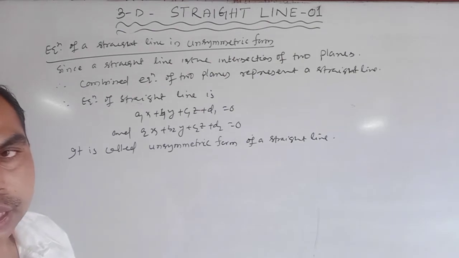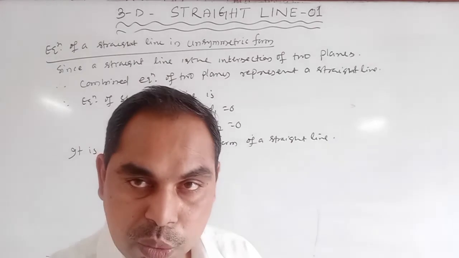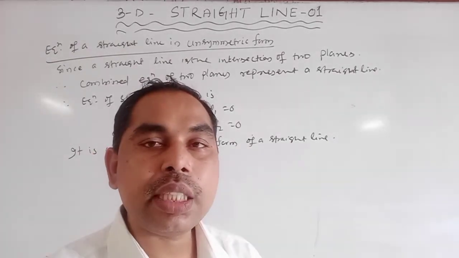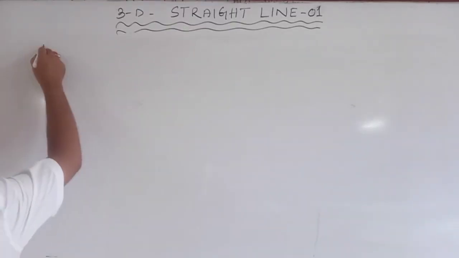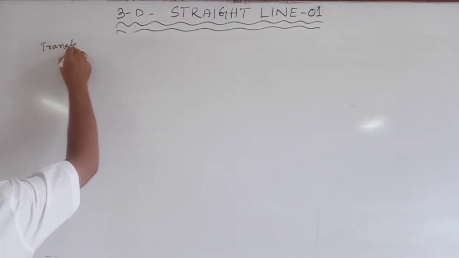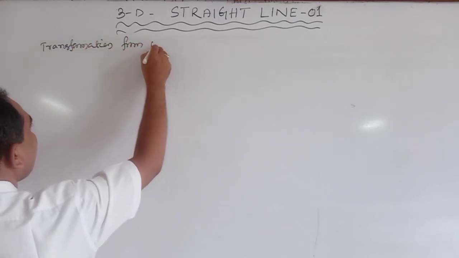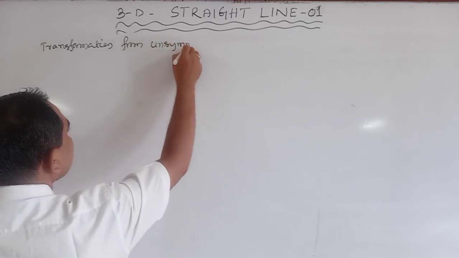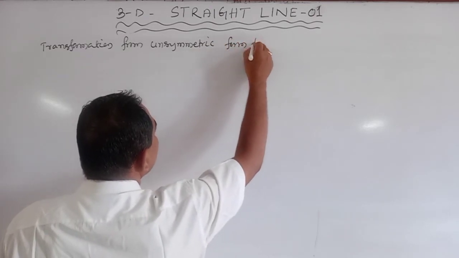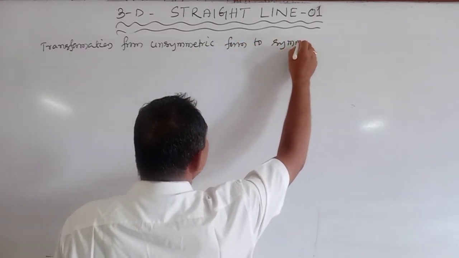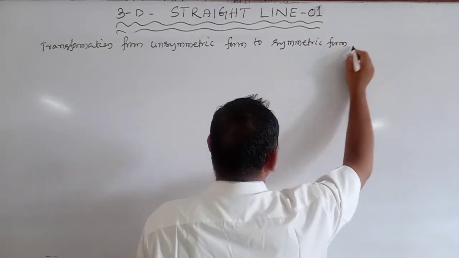Next, reduction from unsymmetric form to symmetric form. Transformation from unsymmetric form to symmetric form of a straight line.